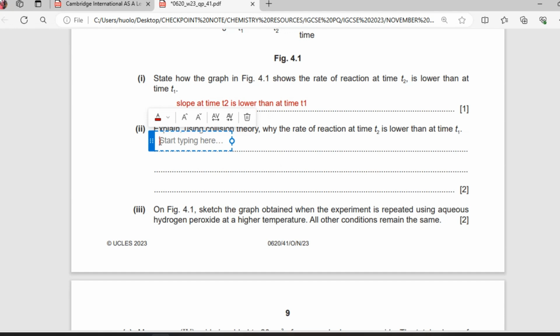The hydrogen peroxide molecules get used up.